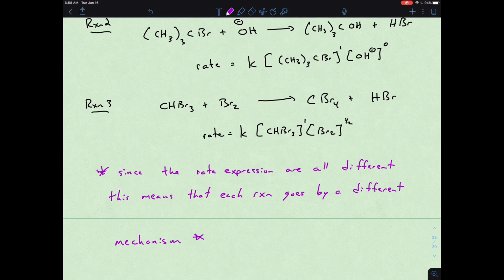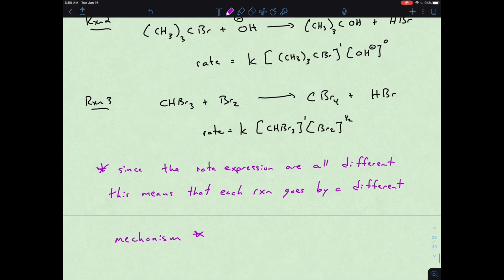So realize that these mechanisms are always going to be given to you, and then it's really what you do with them, as far as trying to develop the rate expression, or trying to see if this mechanism supports the experimental data from an earlier question or what have you. So let's go through each one of the reactions and actually develop a mechanism that's known for these reactions, and then we can talk about how we can relate that to our reaction coordinate diagram as well as our rate expression.